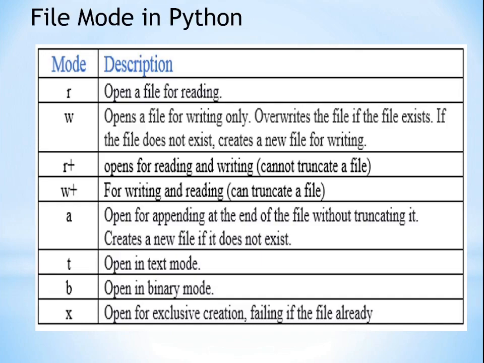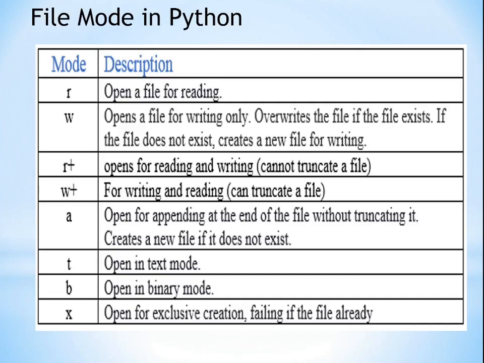Getting what is a file? In a file we store data permanently in the computer hard disk. And to perform operations on a file we need modes of file: read, write, writing-reading, append, text mode, binary mode and exclusive creation mode.